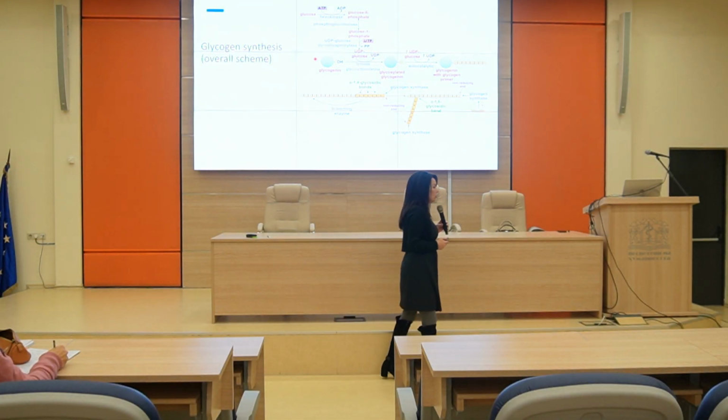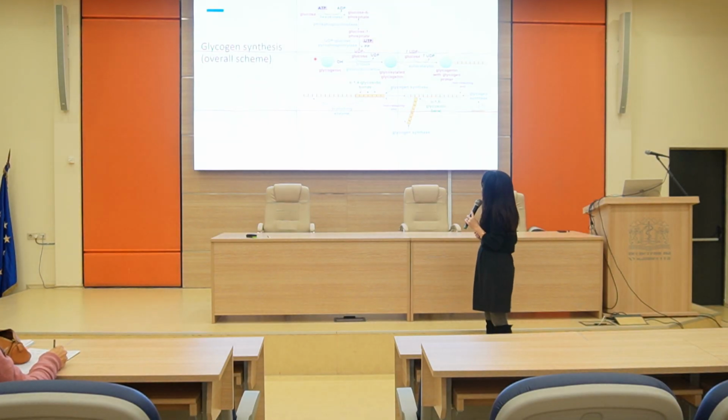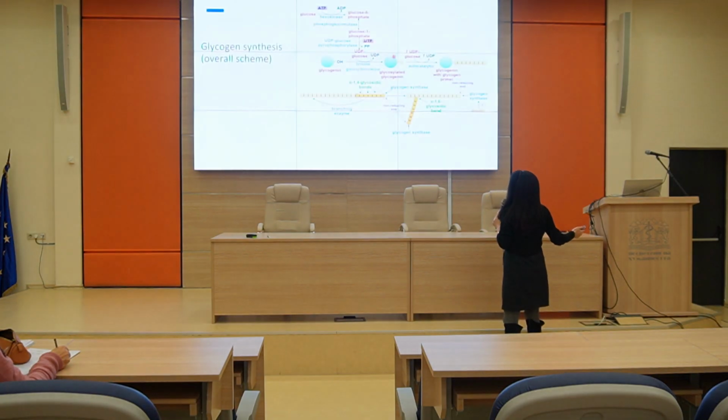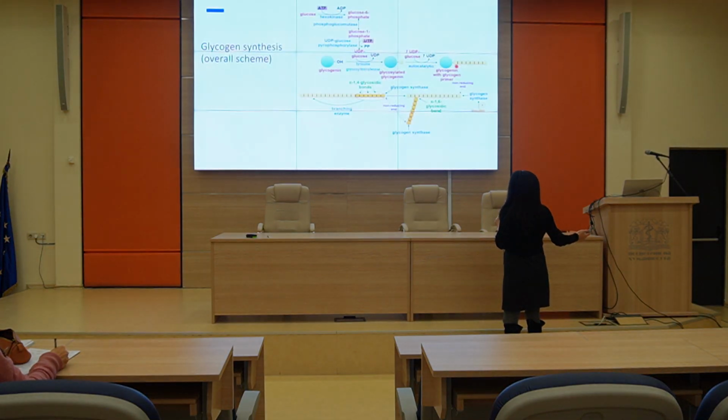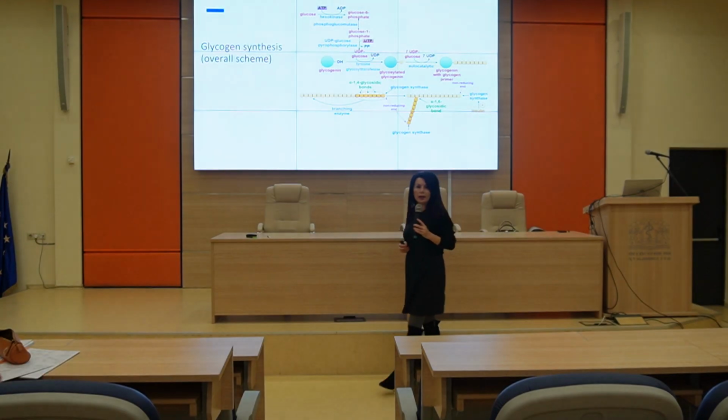Glycogenin is one molecule which has autocatalytic functions and can attach around 7 glucose molecules to its hydroxyl group to form one small chain with 7-8 glucose molecules, which is called glycogenin with glycogen primer. And this is the beginning.